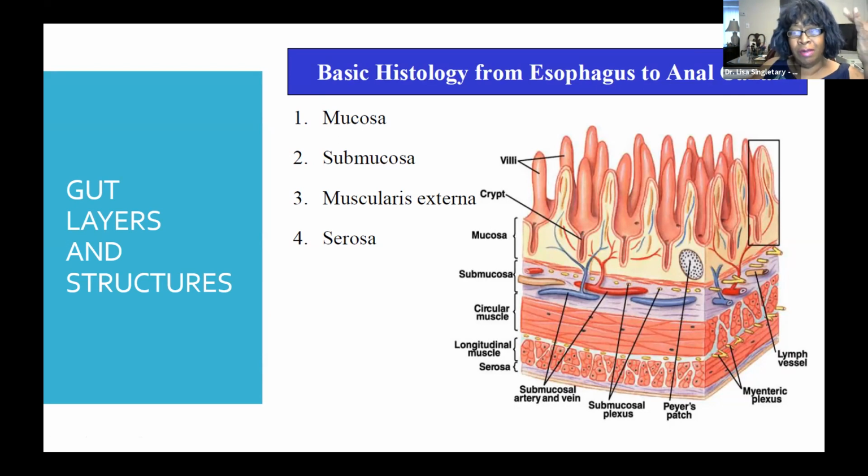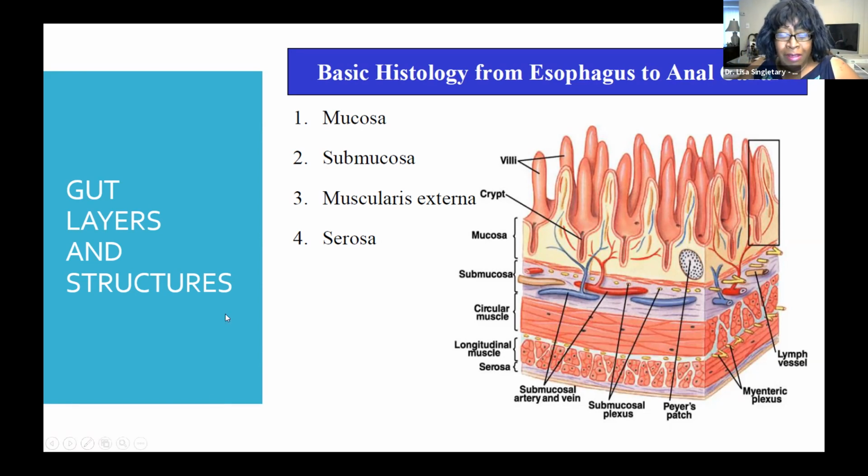And that's how your gut can coordinate its motility, the motion of squeezing the food along. And that's how the gut interacts with your other neurotransmitters. So there's a lot going on in the gut.